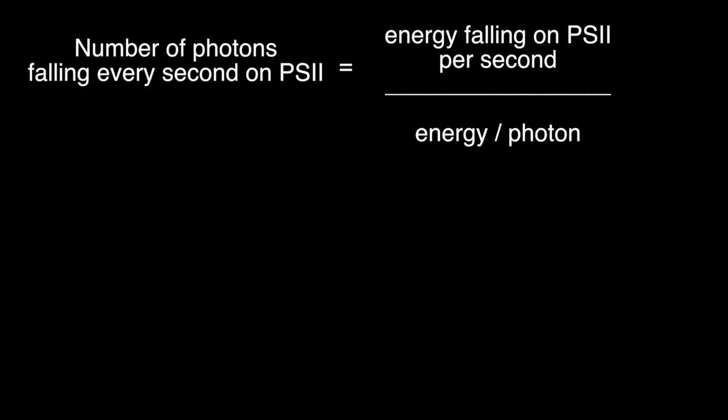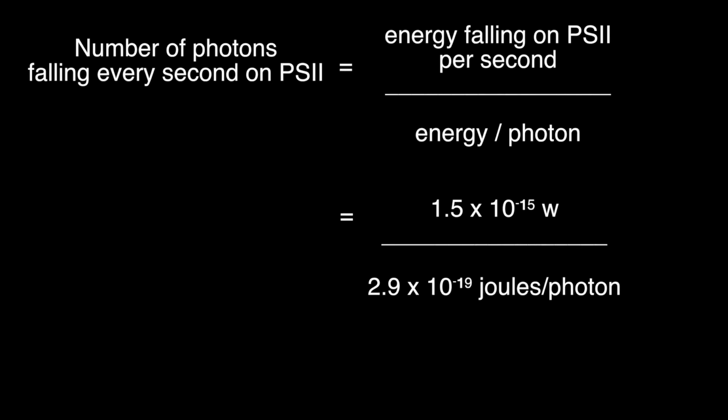Plugging this number into the above formula and using the power on PS2 we calculated before, the number of photons falling every second on PS2 is equal to 1.5 times 10 to the negative 15 watts divided by 2.9 times 10 to the negative 19 joules per photon, which is equal to 4,350 photons every second.